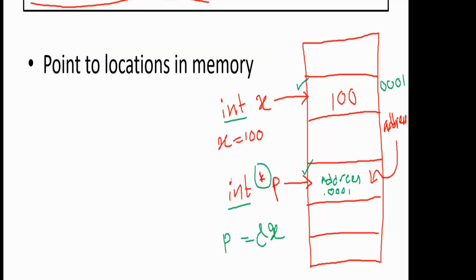So whenever we access this pointer, it will refer to this, right? So in the second line, if we say x equal 200, you know that this value will change into 200, and at the same time, the value referred to by p will also change to 200.